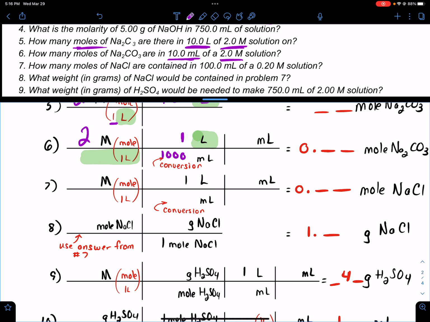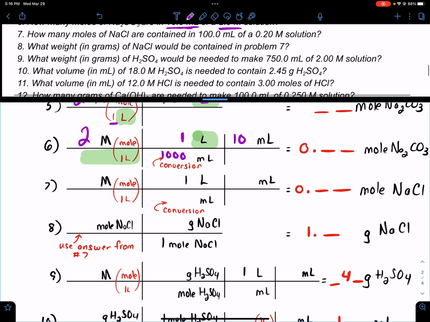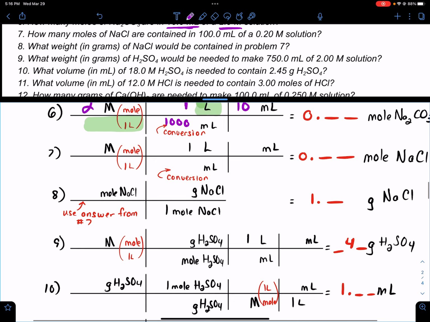And how many milliliters did they give us? They gave us 10. Right? So you will multiply across the top, divide by the stuff on the bottom, and you're good to go. With that in mind, number 7 is a similar type of question. So you're going to do that one on your own.